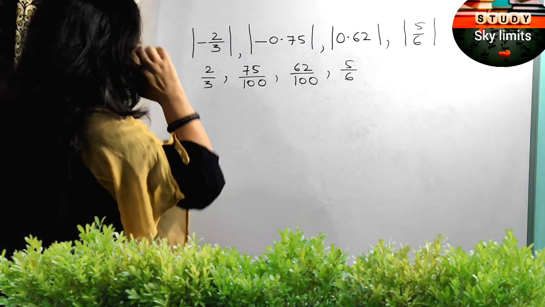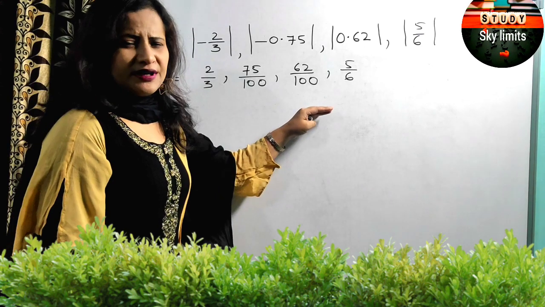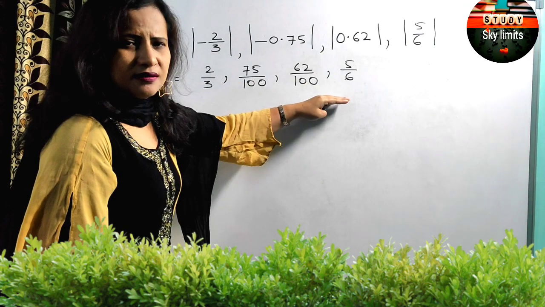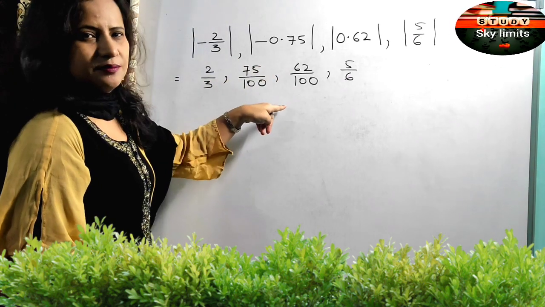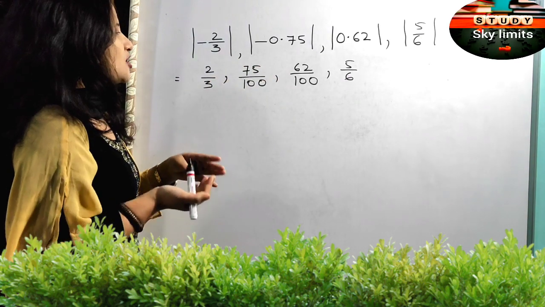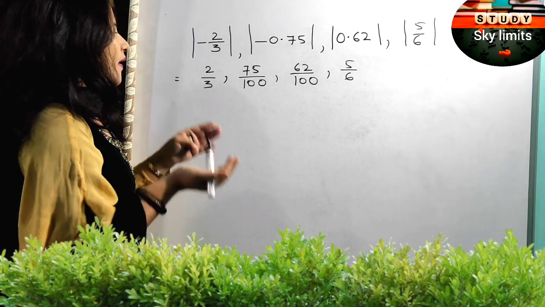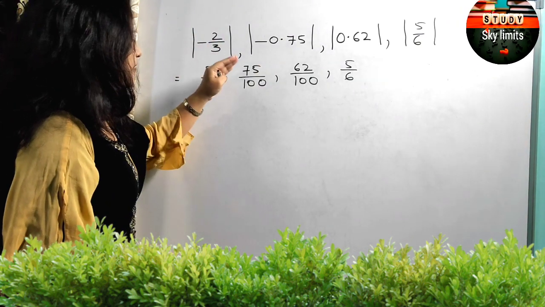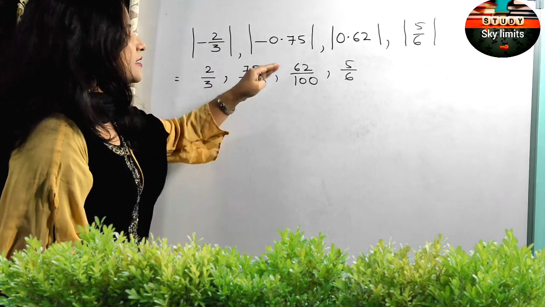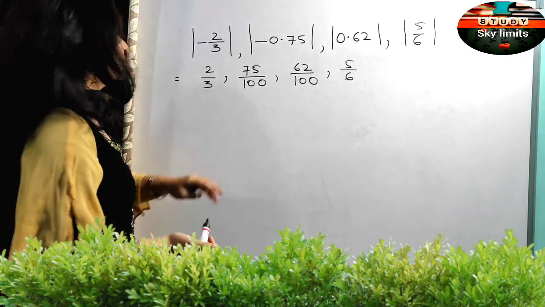Now let us check whether they are in standard form or not. Yes, there is no negative sign in the denominator, but they are not in the lowest terms. This can be reduced to lowest terms, right? We call a rational number standard form only when there is no negative sign in the denominator and it is in the lowest terms.